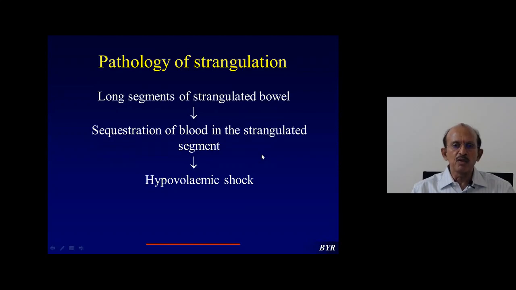The hypovolemia is due to blood loss. So already we have seen there is hypovolemia due to fluid disturbance. If strangulation occurs, there will be associated sequestration of blood in the splanchnic vascular system. So this leads to again the blood loss, internal blood loss. So there will be fluid loss, there is electrolyte loss, and there is blood loss.